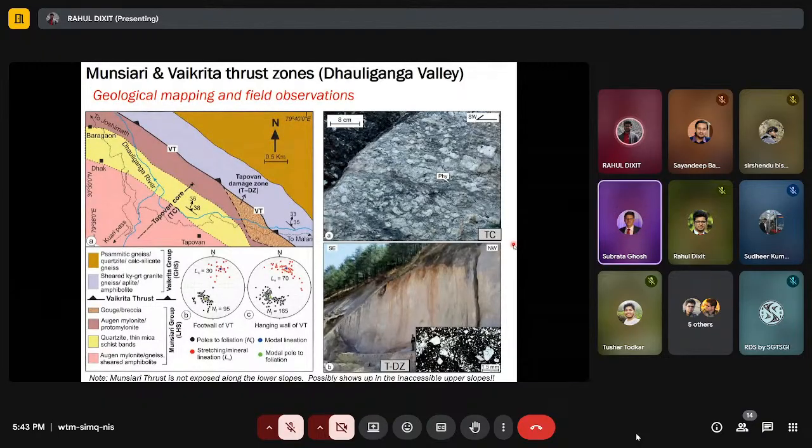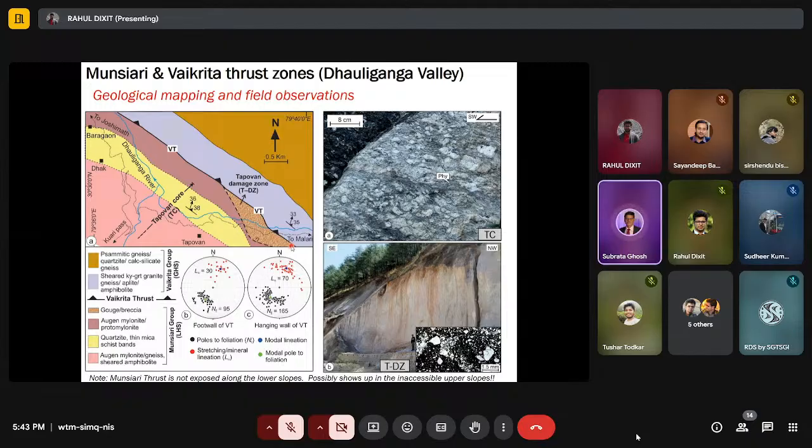Sir, it is possible that these are very late structures, but we are talking about the superficial expression. How should we identify them? One thing we should note is why these types of late structures are occurring in that zone and coinciding with the Vaikrita thrust. The photograph here looks like a kind of landslide or a fault gouge, very late.